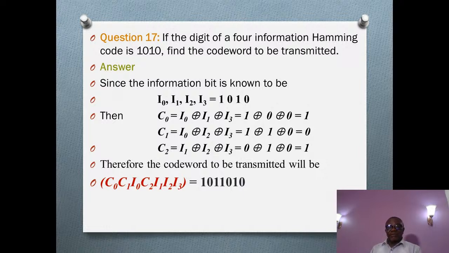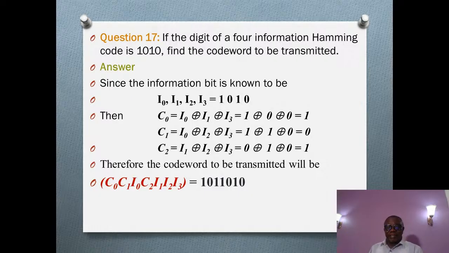Since it is received as 1 and it is in error, it means that it should have been a 0. So the system on itself will convert it to 0. By doing so, it has automatically detected the error and corrected it.